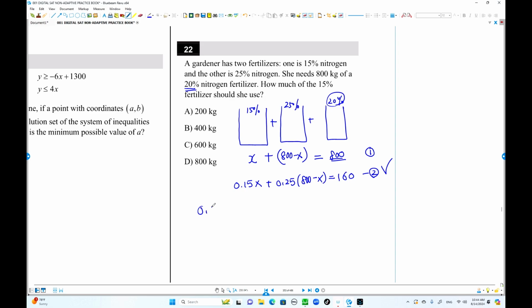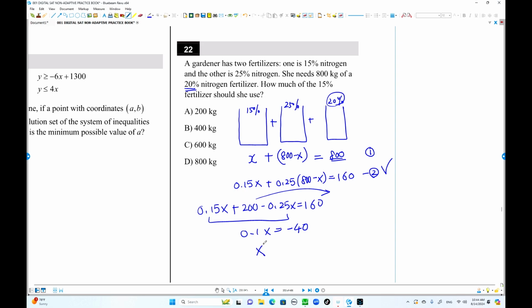So 0.15x plus 0.25 times 800, which is 200, minus 0.25x, that equals 160. So from here, negative 0.1x equals 160 minus 200, negative 40, right?